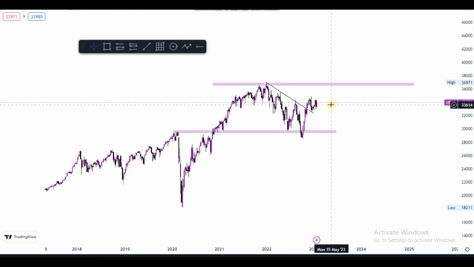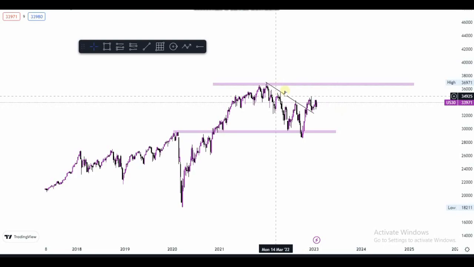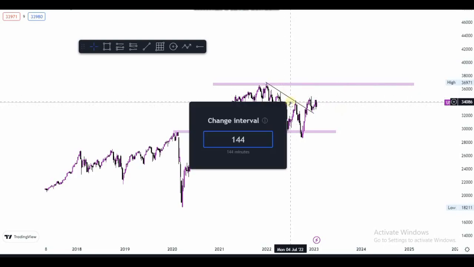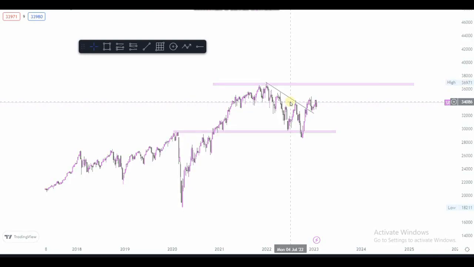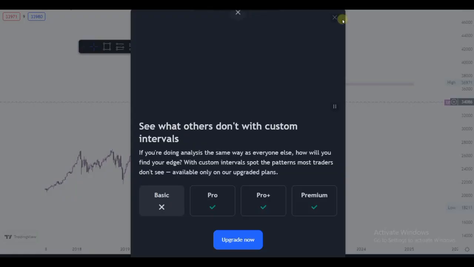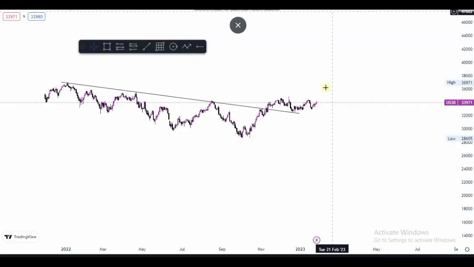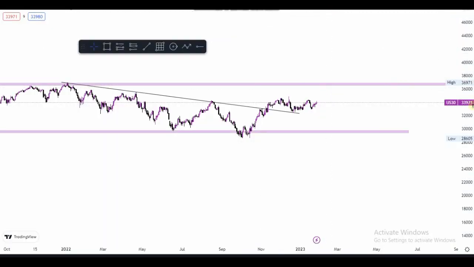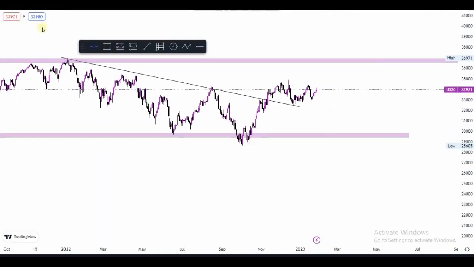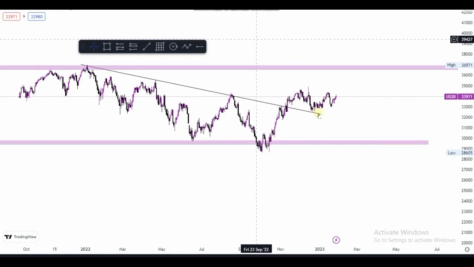So let me go over to the daily time frame and let's break down this structure over here. So guys, as I was saying, this is a very sensitive zone. I'll just adjust it.